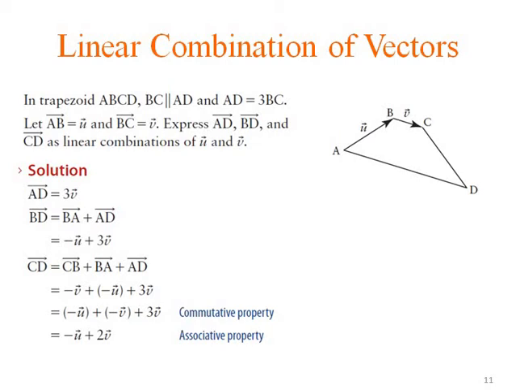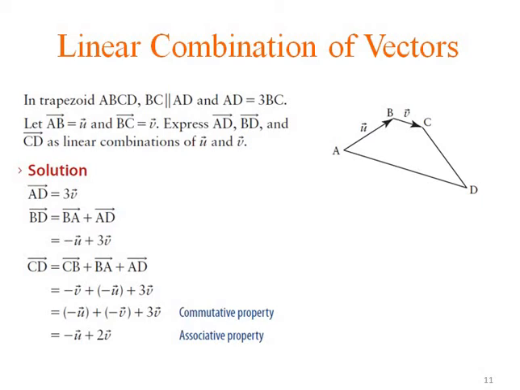So let's consider AB as u and BC as v. Then express AD, BD, and CD as linear combinations of u and v. First of all, since AD is parallel with BC and is 3 times bigger than that, we can say AD equals 3 times vector v.